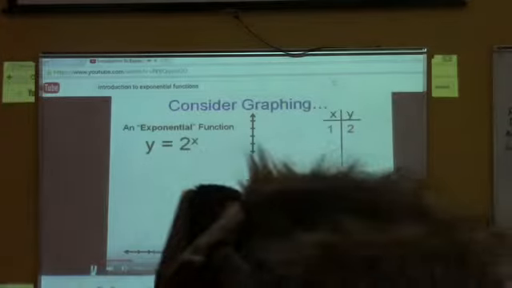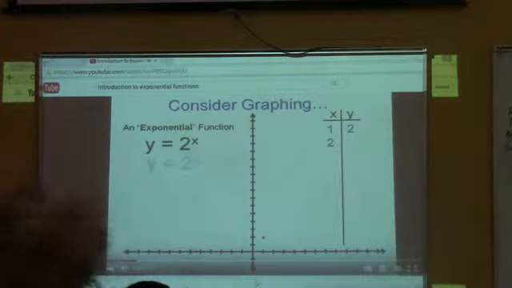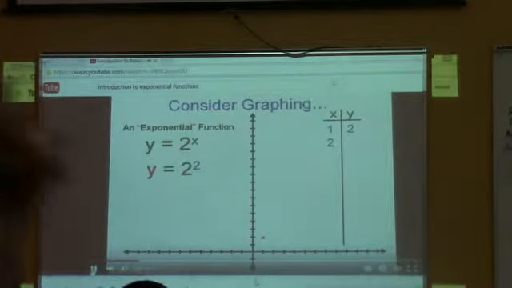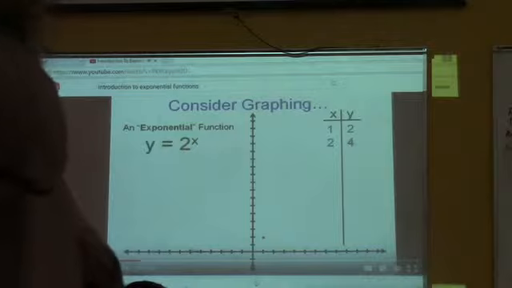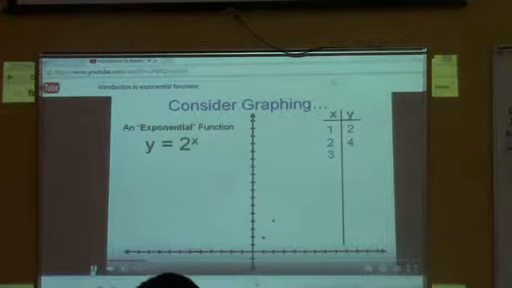Now let's see, for instance, if we plug in a 1, y will equal 2 to the 1st, or 2. The point 1, 2 is right there. If we put in a 2, y will equal 2 to the 2nd, or 4. You're thinking maybe this is a linear function. But let's put in a couple more points. 2 to the 3rd starts getting much bigger, quicker, is 8.